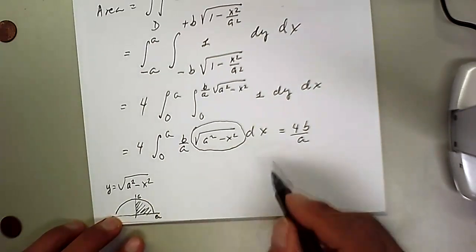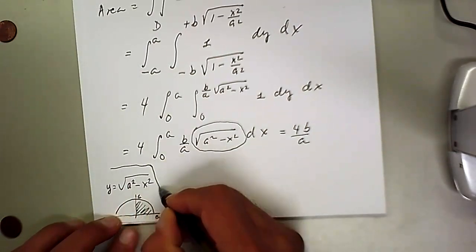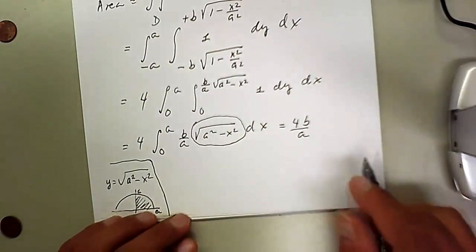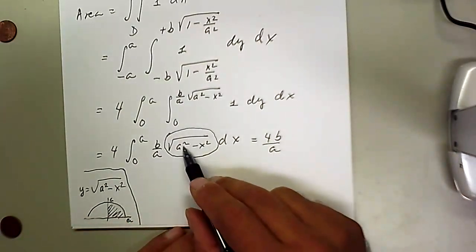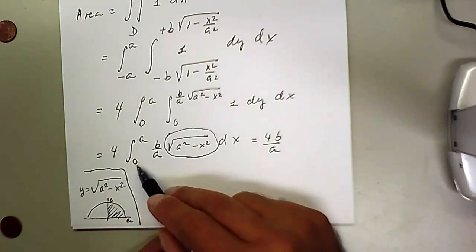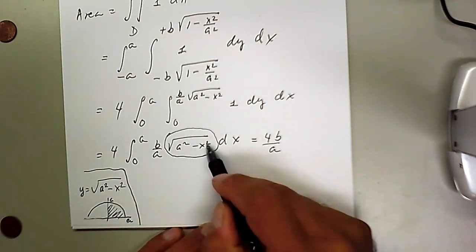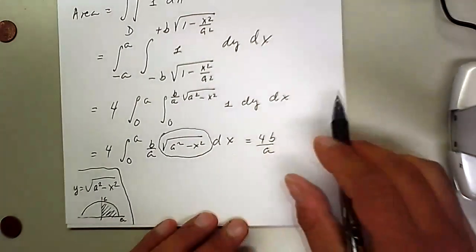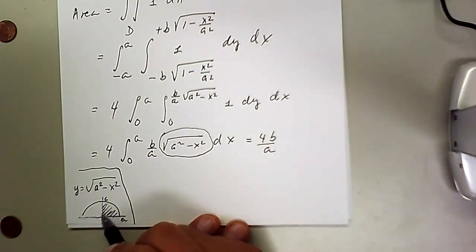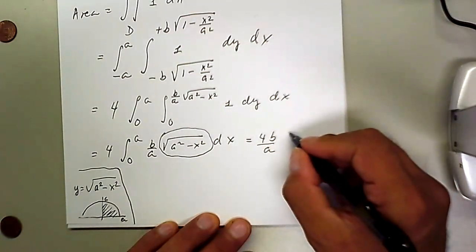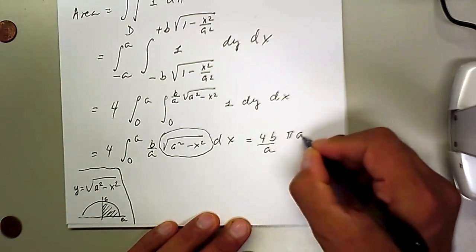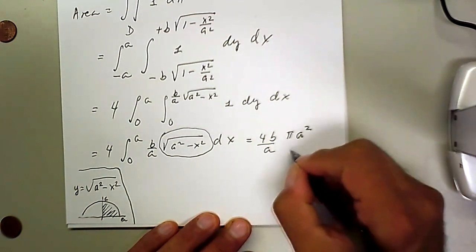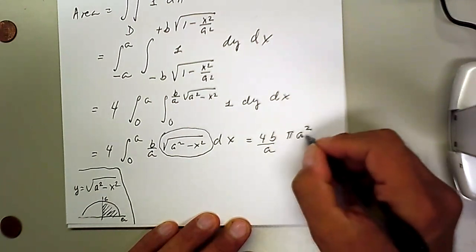So instead of doing the trigonometric substitution as I was going to do, I'm going to just think, okay, this is a quarter of a circle. The integral from 0 to a of this is just a quarter of a circle of radius a. So a circle of radius a has area pi a squared, pi r squared, but the radius is a.